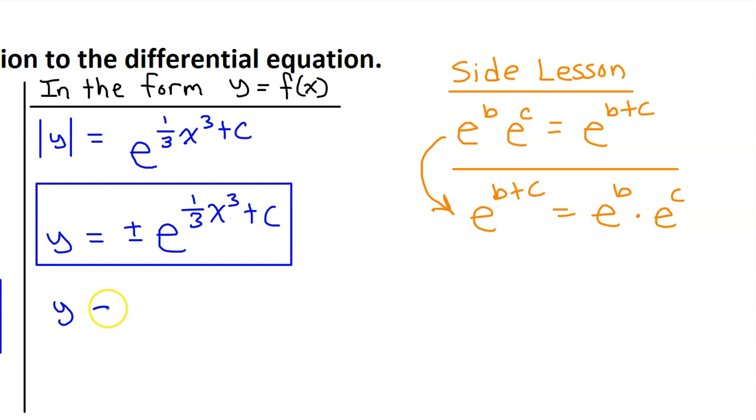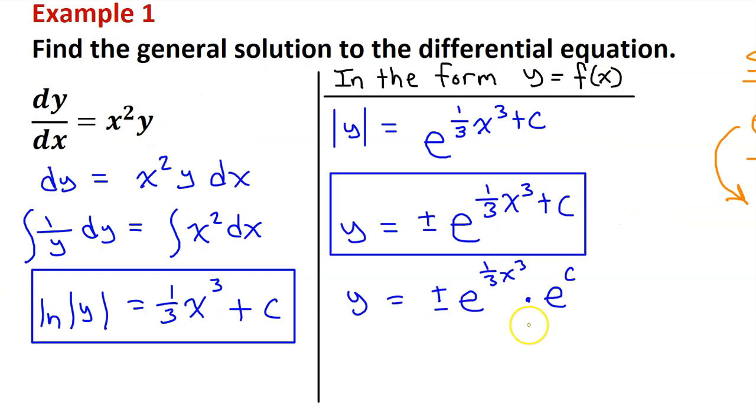So we can rewrite the right-hand side of this equation as plus or minus e to the 1/3 x to the third power times e to the c. We can simplify this further because we know that c is just an unknown constant, and e to the c is just another unknown constant.